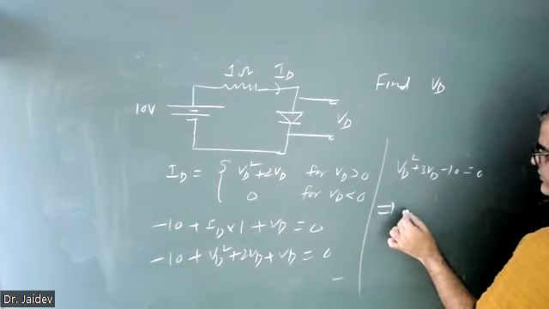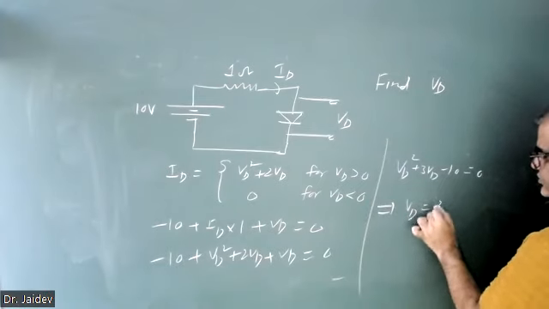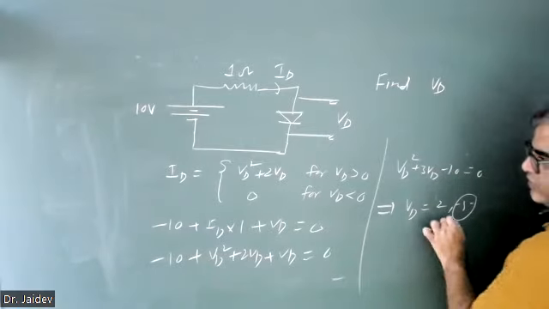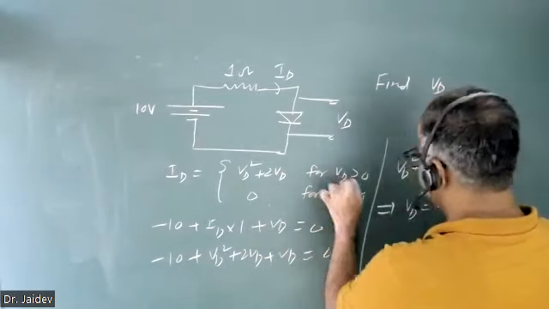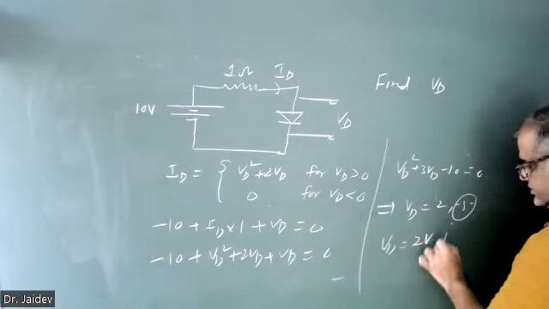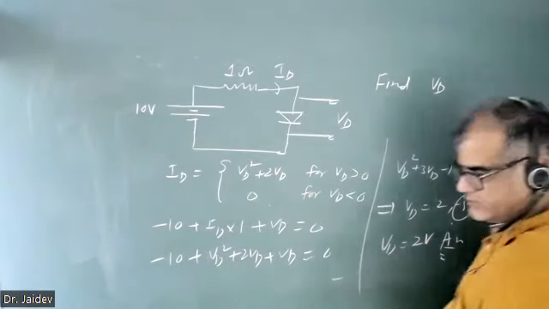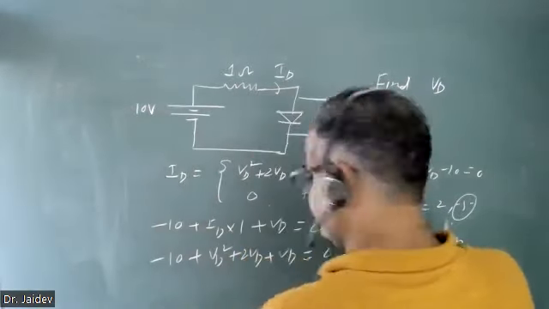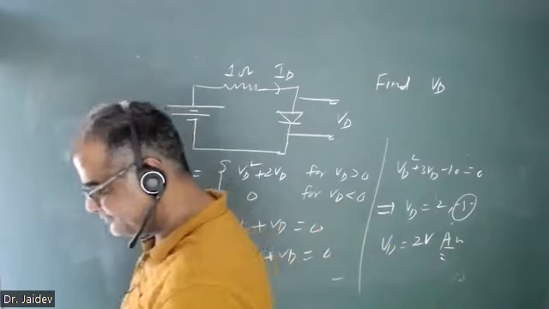If you solve this, VD equals 2 volt and minus 5 volt. You cannot accept minus 5 because you already said VD is greater than 0. So VD will be 2 volts.